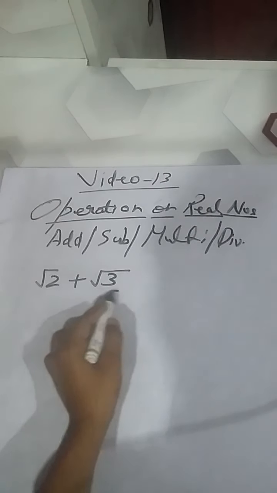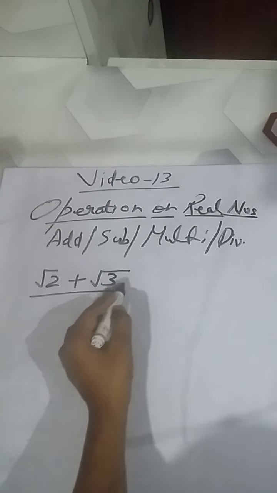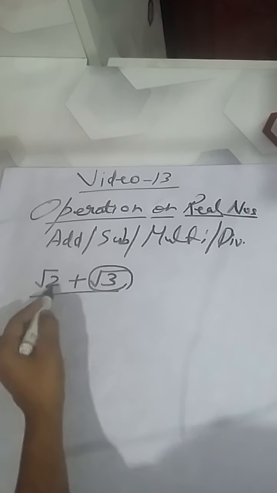If I have to add this, we cannot add this. The reason is this: on adding, this whole part should be same. For adding and subtraction, this is called surd actually.